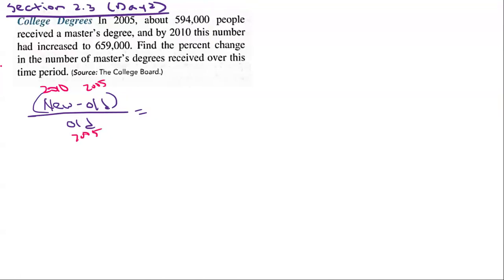So in this case, the new information they gave us is 659,000 minus the old, which is 594,000, divided by the old, 594,000.